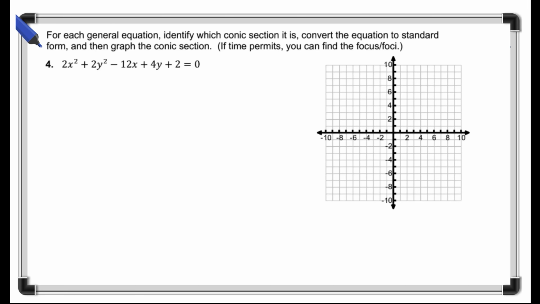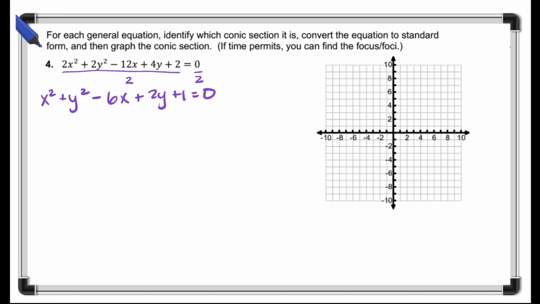When we want to convert this equation to standard form, we do see that every term is divisible by 2. So let's divide everything by 2 here. You're going to get x squared plus y squared minus 6x plus 2y plus 1 equals 0. That actually helps us when we are rewriting our terms together and having coefficients that are just 1.